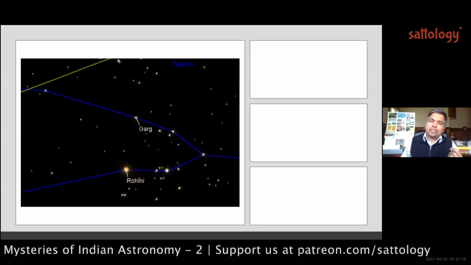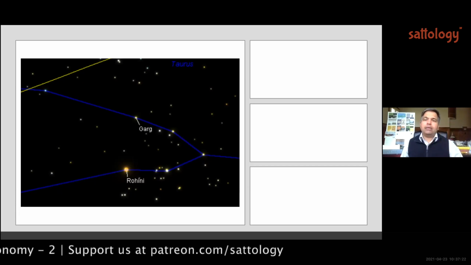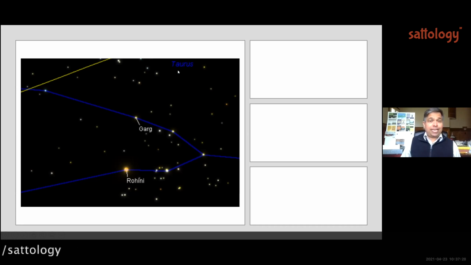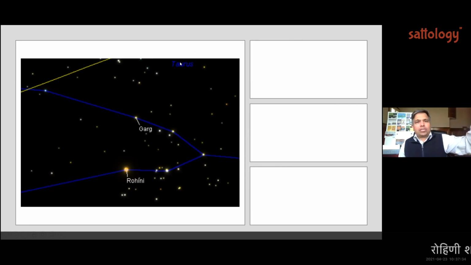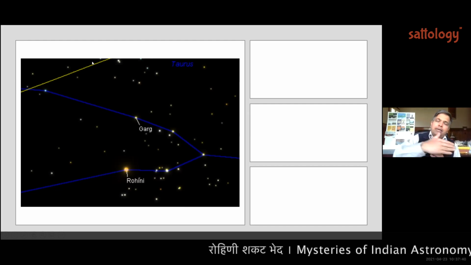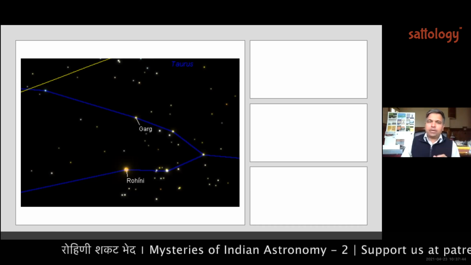Let's look at this. First, understand what the Rohini Shakata Bhed phenomenon is. What you're seeing in this picture, for those of you who understand the zodiacs like Aries, Taurus, Gemini and so on, is the area of Taurus in the sky. This yellow-greenish line is the ecliptic, the path of the sun around the earth as seen from the earth.